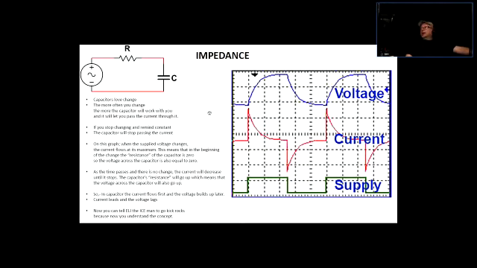So the voltage value is 0 in the beginning because it's a short circuit, and then as the capacitor charges, the voltage is going to be equal to the supplied voltage. That's the supply voltage right here. So the voltage goes from 0 to whatever it is. In the beginning stages right here, we have 0 volts across the capacitor, and because of that, we have a maximum current flowing through it.